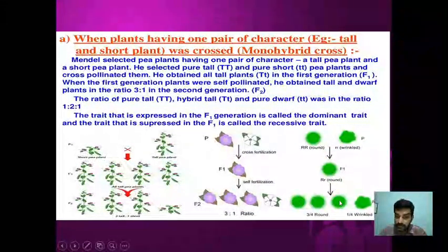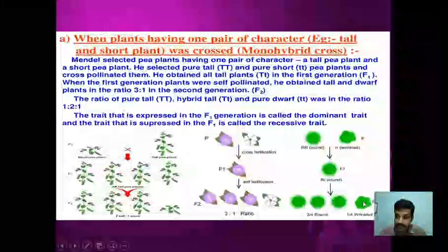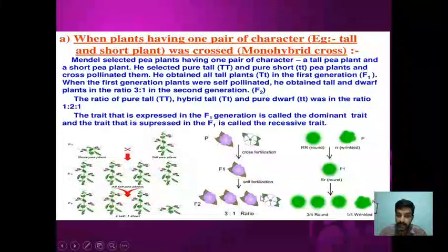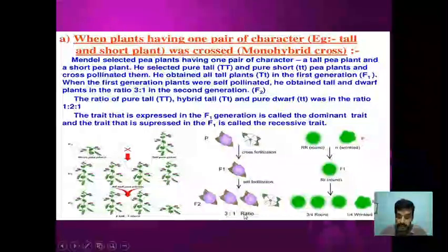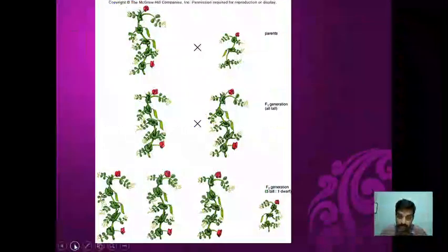Here 3 round seeds and 1 wrinkled seed, that is 75% will be of the dominant trait and 25% of the recessive trait. So this ratio which is being seen is the phenotype. What we are seeing is 3:1. So 3:1 will be the phenotype ratio of the F2 generation in a monohybrid cross, right? That is the phenotype ratio.